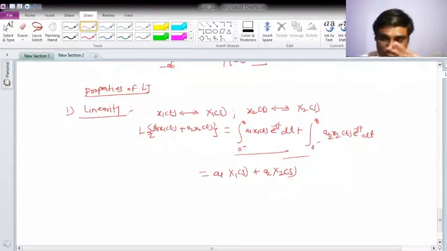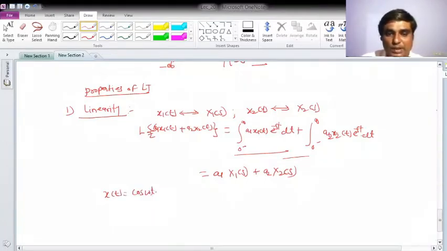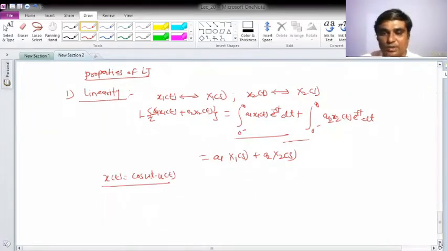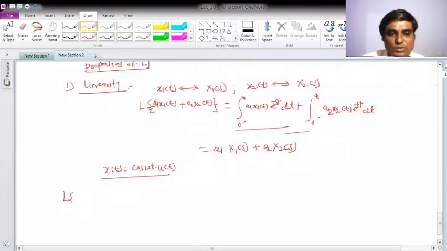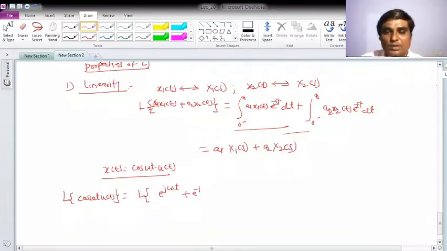So based on it, take an example: suppose my x of t is cos omega t into u of t. Now I would like to find out what the Laplace transform of it is. Cos omega t into u of t, I can write using Euler's identity as e raised to j omega t plus e raised to minus j omega t, upon 2, into u of t.